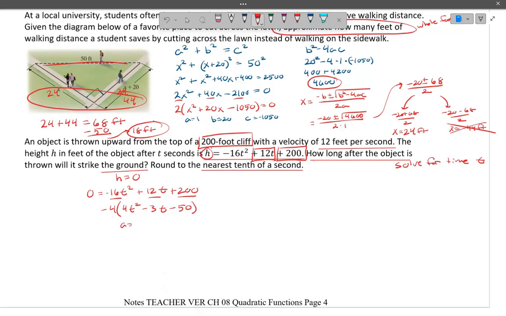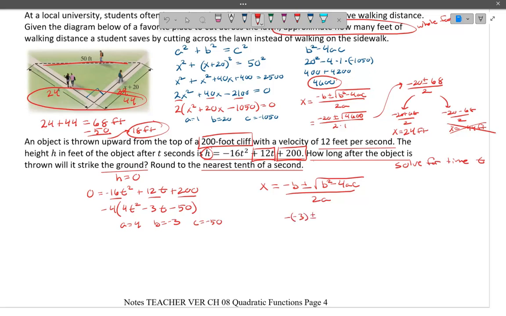I can use 4 as the value of a, -3 as the value of b, and -50 as the value of c. Our quadratic formula: x equals -b plus or minus the square root of b squared minus 4ac all over 2a. So we substitute our values in.